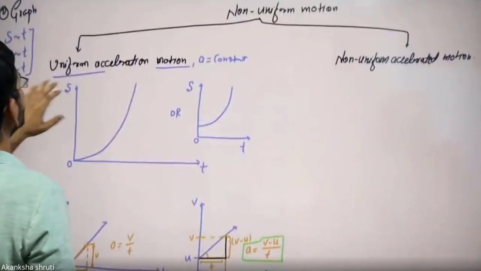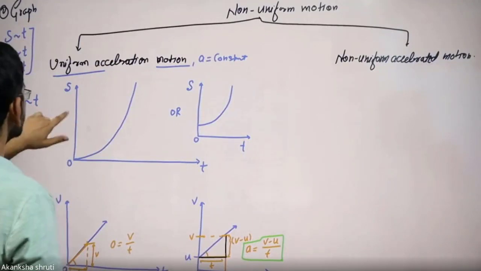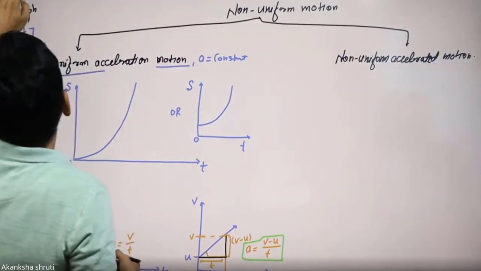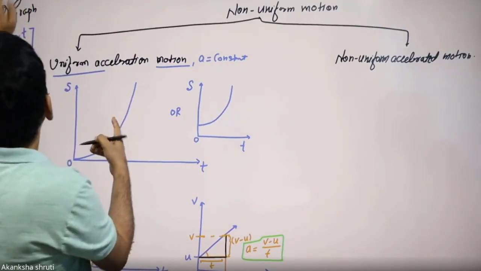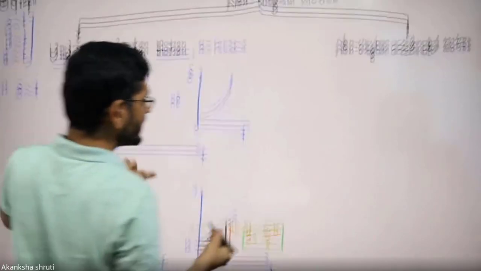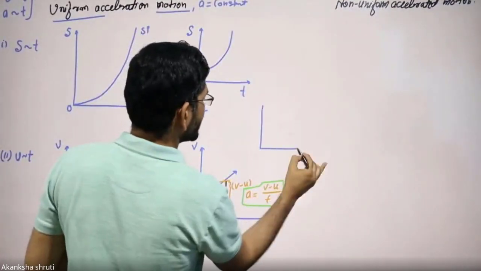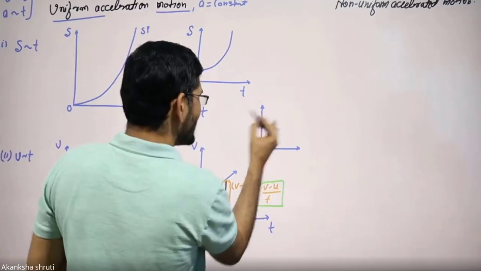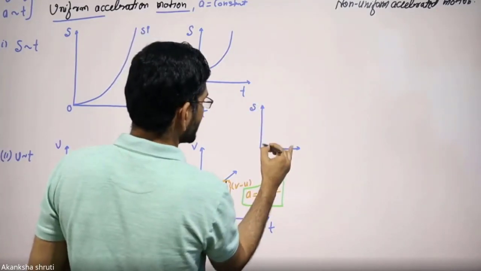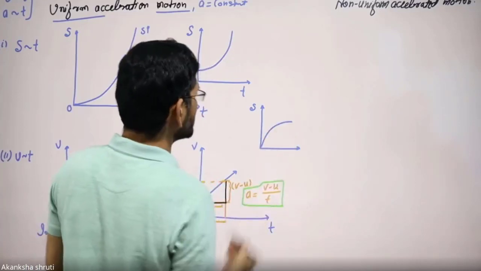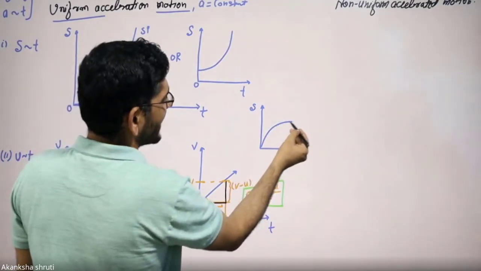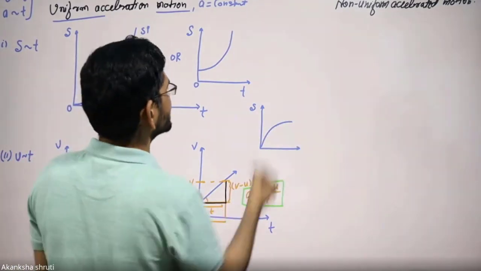So for the uniform motion, the distance time graph is a curve which is projected outward. Students, here we have considered that the distance is continuously increasing. If the distance is decreasing, then you may come across a graph like this one. Initially it has increased too much, then it is not increasing that fast.